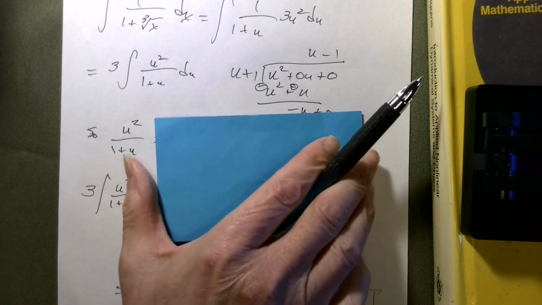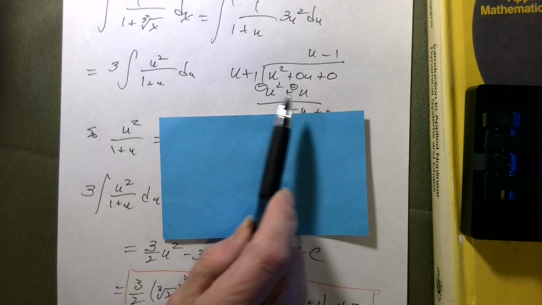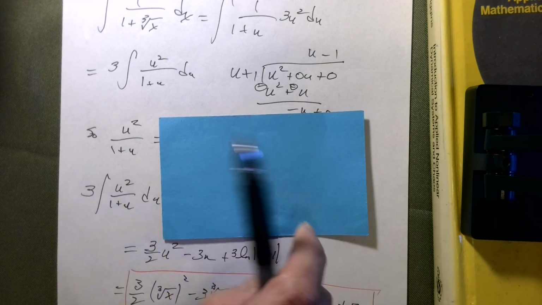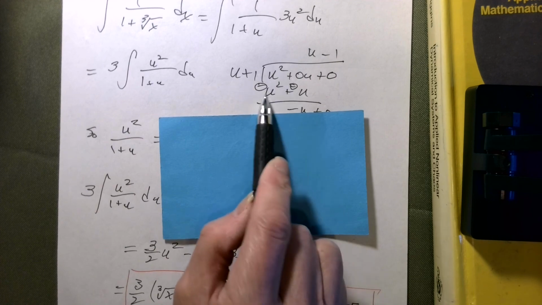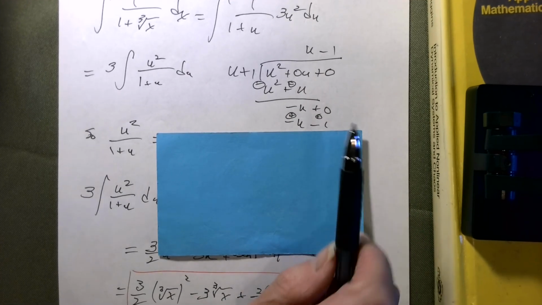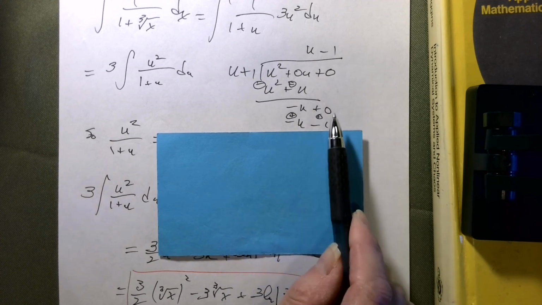Now I subtract. This was originally positive, so it becomes negative. If I've done things correctly, these should cancel. They do. And then I have 0u minus u, which is minus u, and then I bring down the 0.